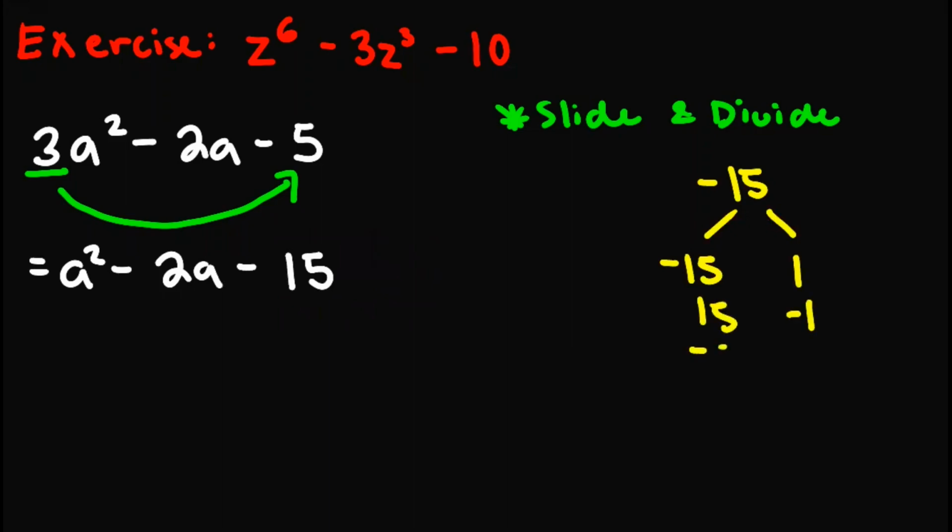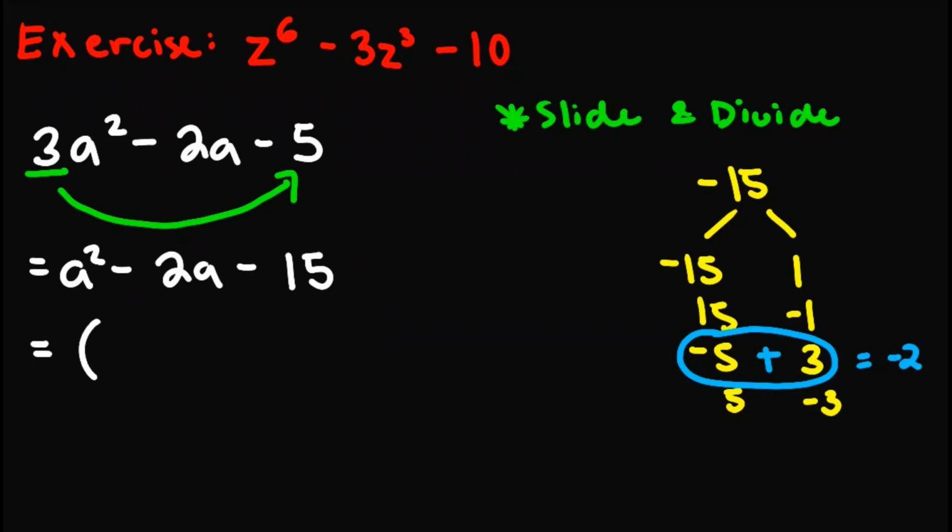We also have negative 5 times 3 or 5 times negative 3. Upon inspection, the correct partner is this one, since negative 5 plus 3 is negative 2. So we know that this one would result to a minus 5 times a plus 3.